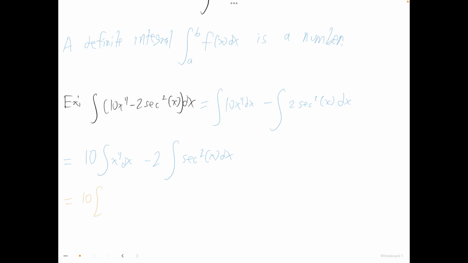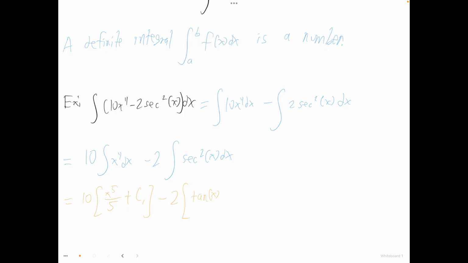So we've got 10 times, we want the indefinite integral of x to the fourth. Well, using the power rule, that's x to the fifth over 5. Plus, and technically we'd have a constant here. Now we're going to note at the end of this that you really don't need to put the plus constant every time, but I will just to make a point here. Minus 2 times, now we want the antiderivative of secant squared.